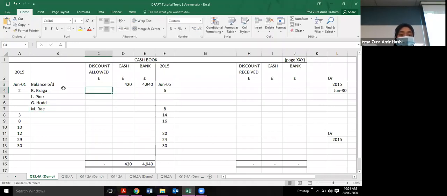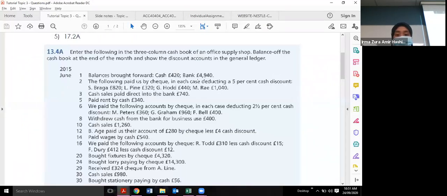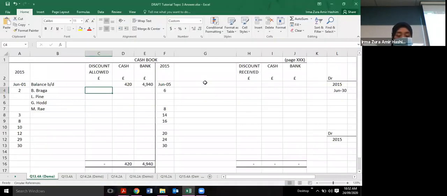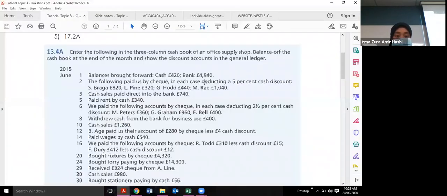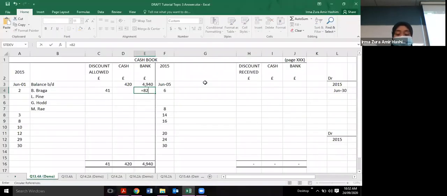Okay. So 5% discount. So each one of these you have to minus 5%. Okay. This one 820. Okay.